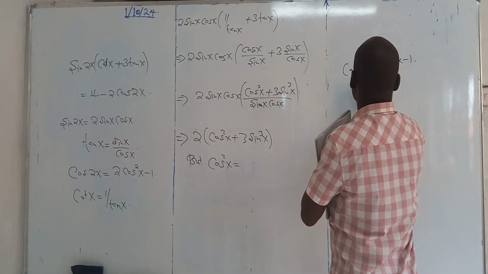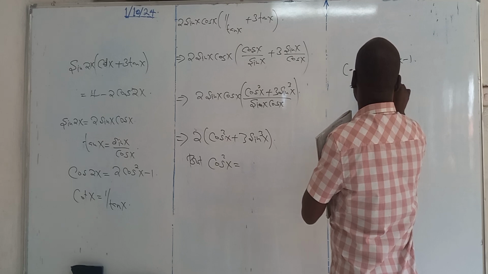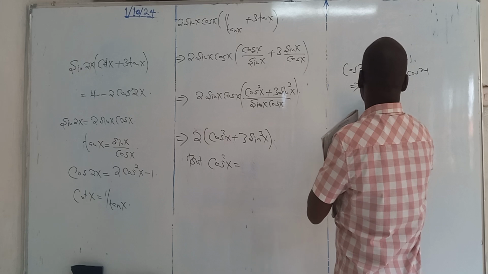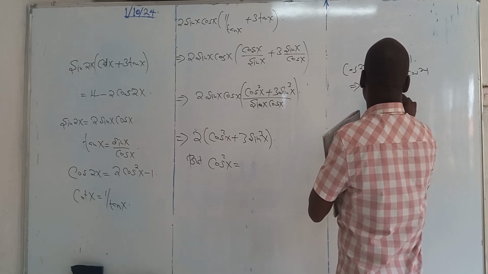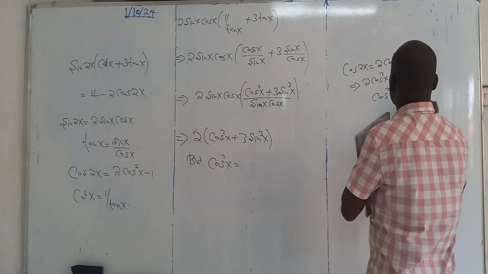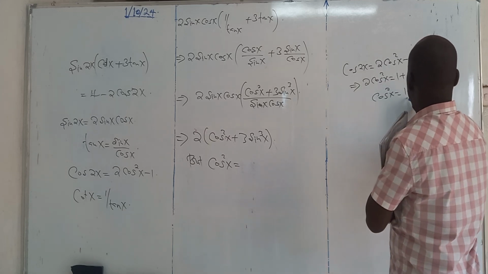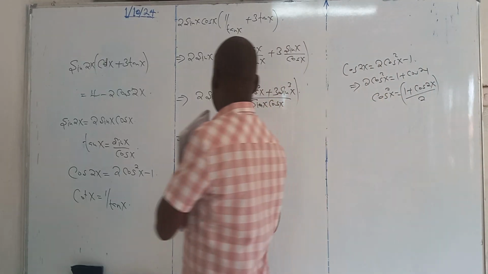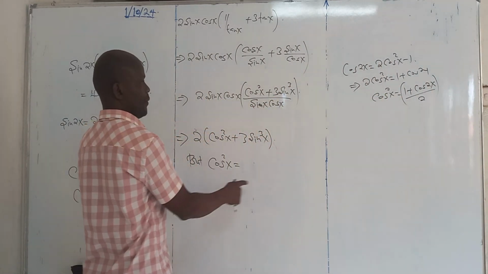That implies that 2 cos squared x is equal to 1 plus cos 2x. So cos squared x is equal to 1 plus cos 2x over 2. So where there is this, I will now write that.